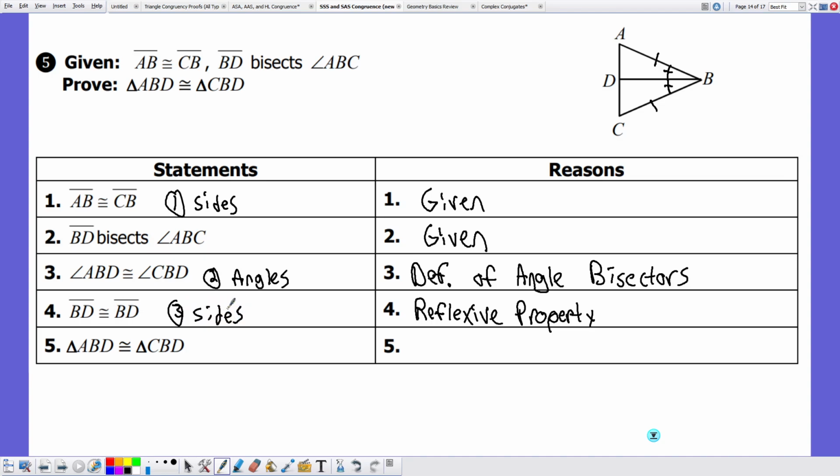And the angle is between the two sides. DB is here. Therefore, triangle ABD is congruent to triangle CBD by side angle side congruence. And those are what side angle side proofs look like. Not so much different from side side side.